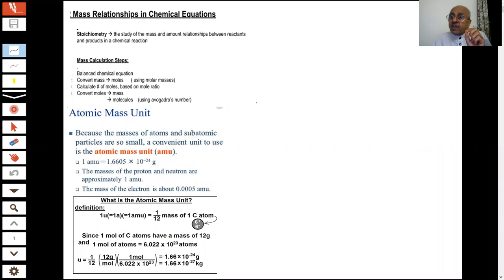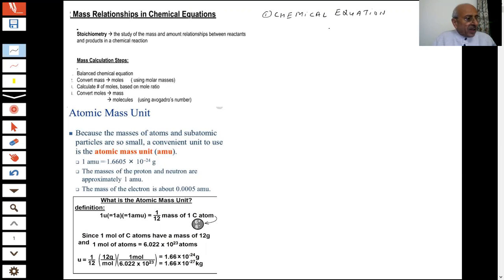We have discussed chemical reactions and chemical equations. Just a recap of what we have done, students. I told you reactants react to form products, and we are able to write the chemical equation.